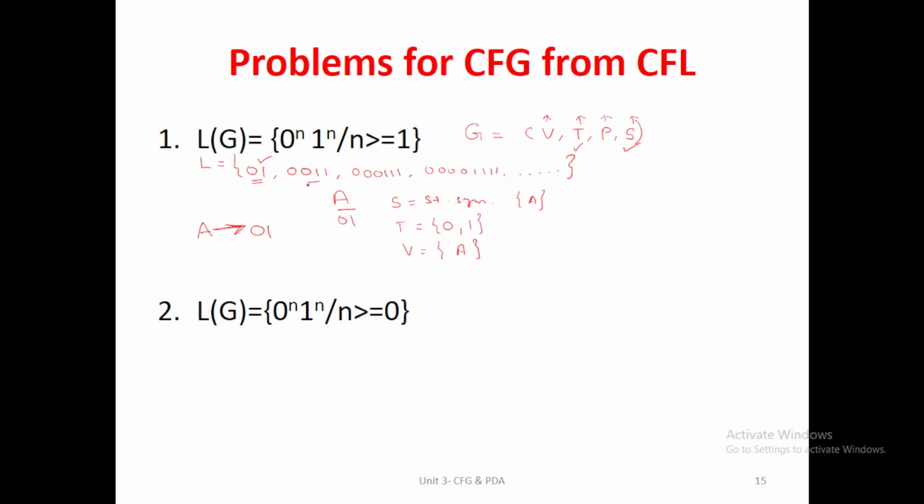Then take the second string, which contains 01 in the intermediate part. Note the symbols at the left and right sides: they are 0 and 1.